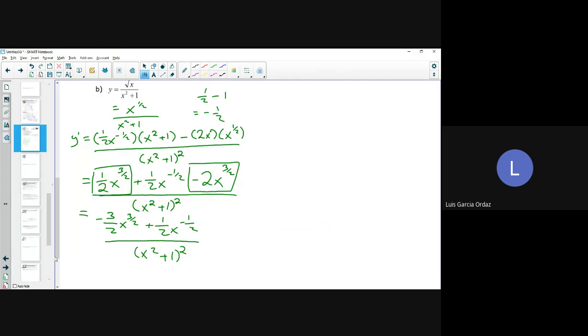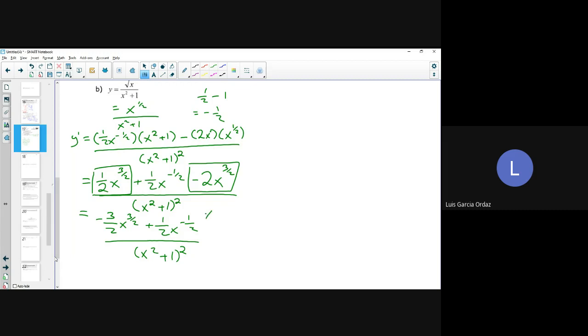So now if I want to get rid of the fractions on the numerator, what can I multiply my numerator and denominator by to get rid of the fractions at the top? What can I do to get rid of my fractions? We're going to multiply both the top and the bottom by 2.